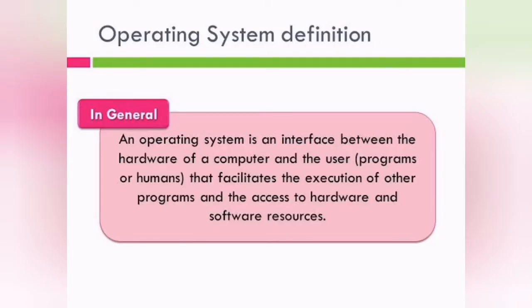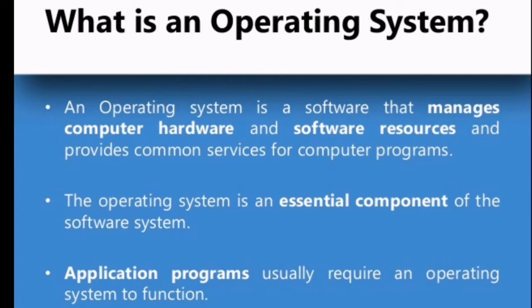And then, what is an operating system? In general, it is an interface between the hardware of a computer and the user. What the operating system does is, it gives us the programs and the instructions to run the hardware and the user.